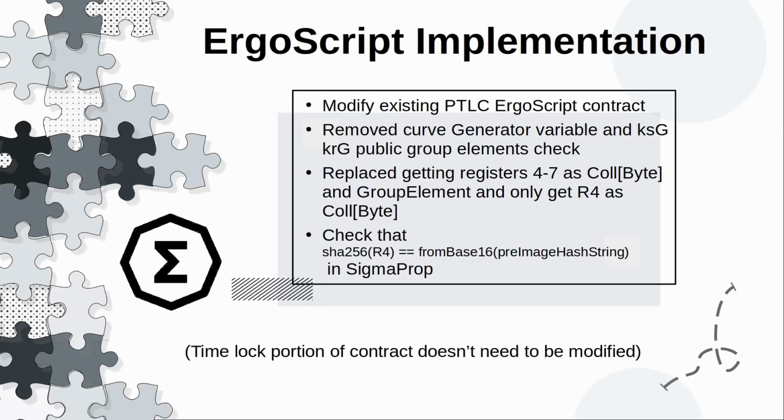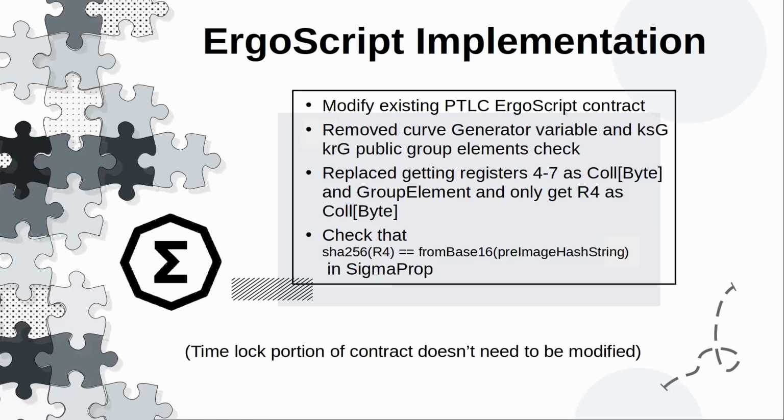So how do we modify our ErgoScript implementation in order to get it to work with hashes instead of points? So we have to remove the curve generator variable because we won't be using it. We also remove the check for KSG and KRG, which are public group elements that help coordinate the swap in a point time lock contract swap.